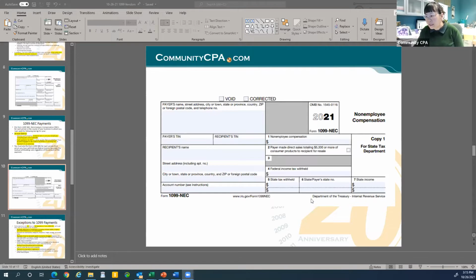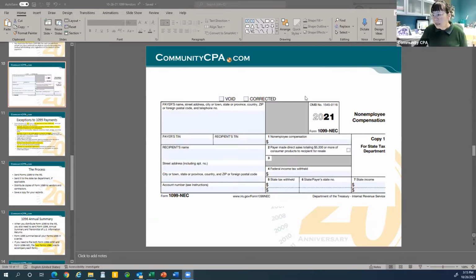And obviously, you could withhold federal and state taxes on their behalf, but it's not required. We do have one or two cases where our client's contractor would require our client to withhold money because they are worried about themselves not having enough money to pay taxes. So obviously you can do that, but it is not something required.